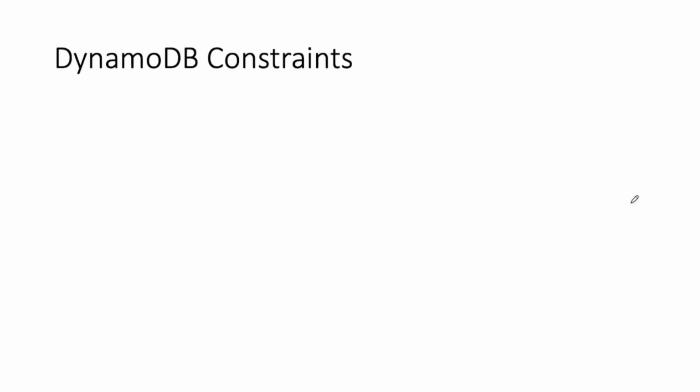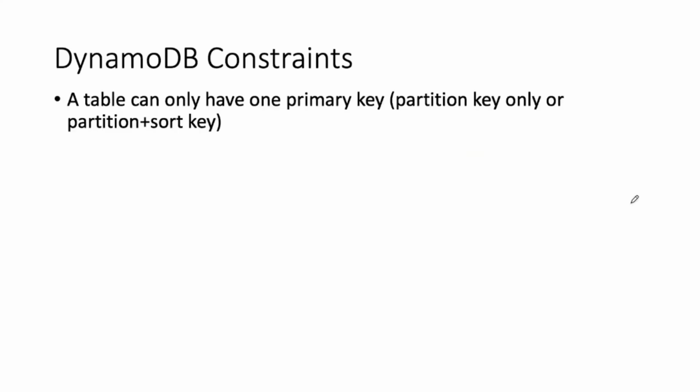So far, with what we have covered about DynamoDB, it seems that we have a major constraint here, and that is that a table can only have one primary key, which means that only if we are using that primary key in our queries, the retrieval operation would be efficient.